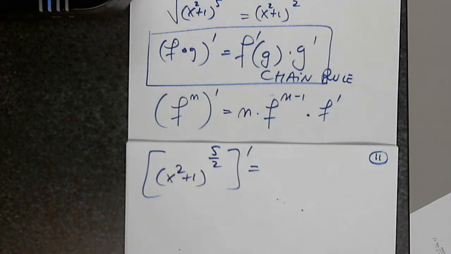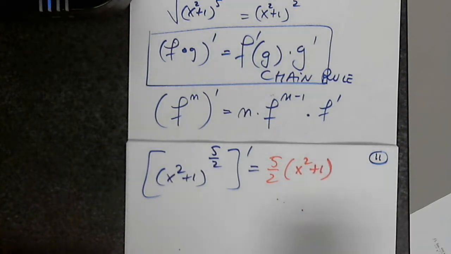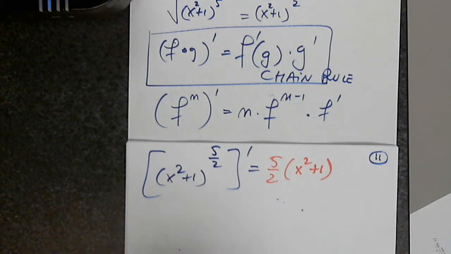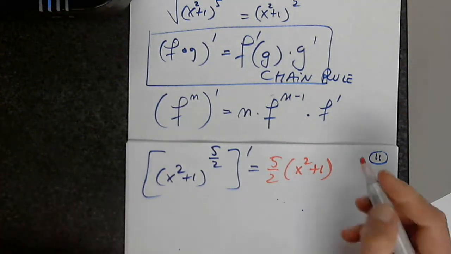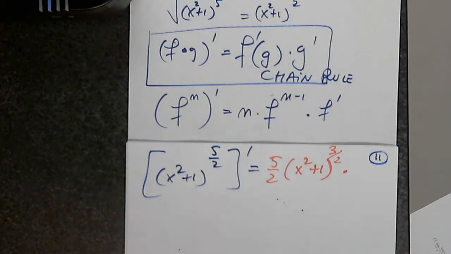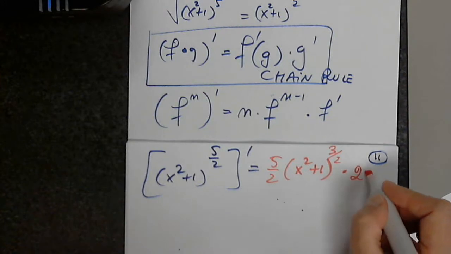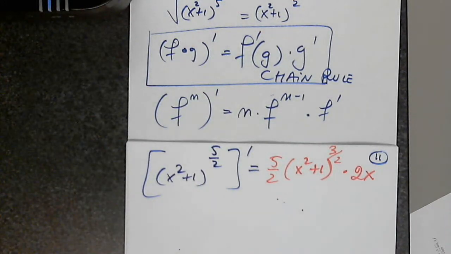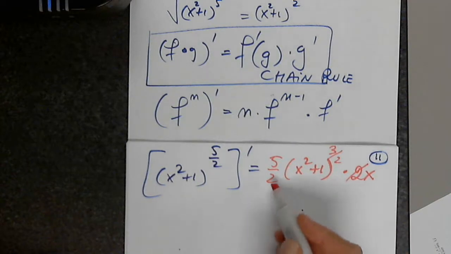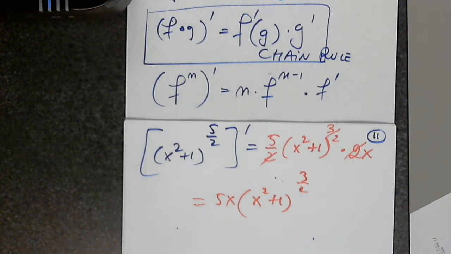What will you tell me to write? 5 over 2 times x squared plus 1 raised to 5 over 2 minus 2 over 2, 3 over 2, times, I cannot stop, it's all multiplied, no addition, in the chain rule, no addition, 2x, very good, indeed, times the inner function prime, excellent. And I will simplify this with this, and I have 5x outside, x squared plus 1 to 3/2, and that's good enough.